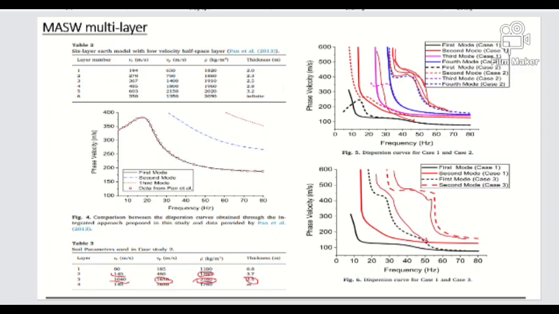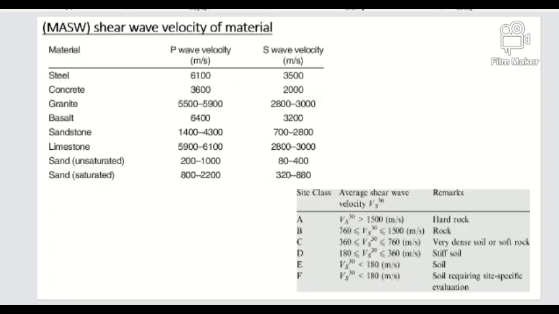The value goes 1780, then 2180, and then again 1780. So there is one different layer between, and that's why this dispersion curve is discontinuous.